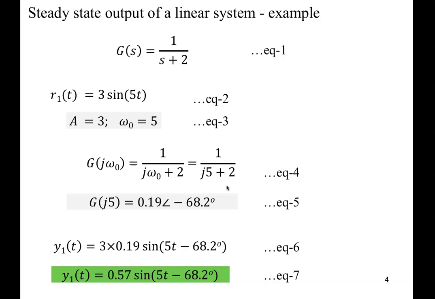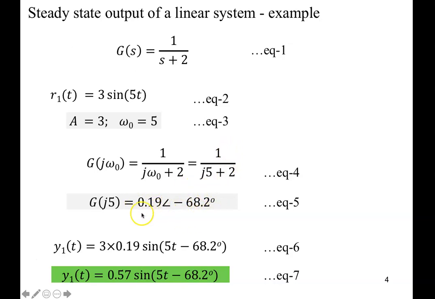The angle will be arctangent 5 over 2. So you work this out, and then you do magnitude divided by magnitude, phase angle 0 minus whatever phase angle you get there. The phase angle at the bottom is actually positive 68.2 degrees, but because it's 0 minus that angle, it becomes negative.